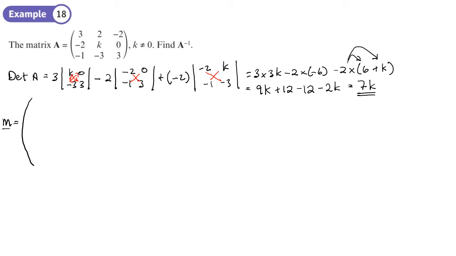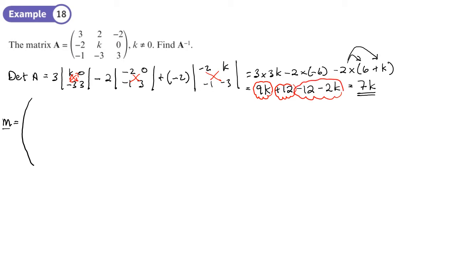The minor is working out the determinant, so we've already got what the first, second and third ones are going to be.